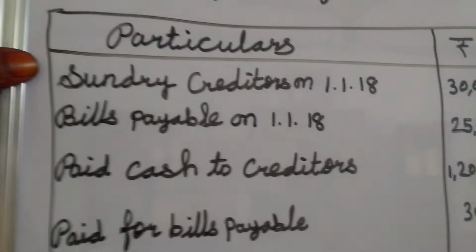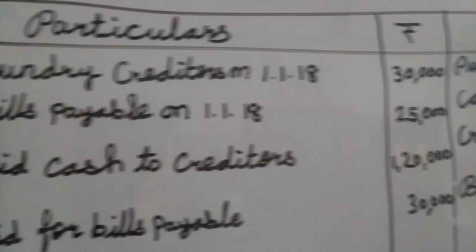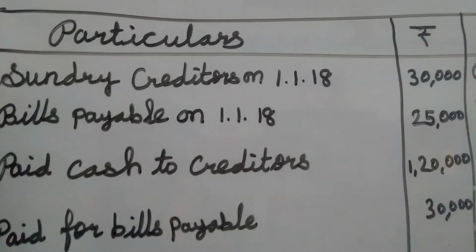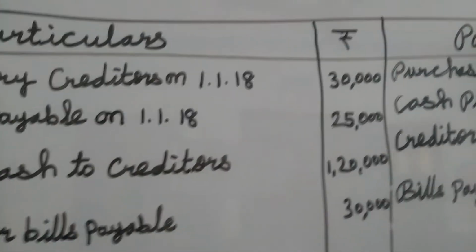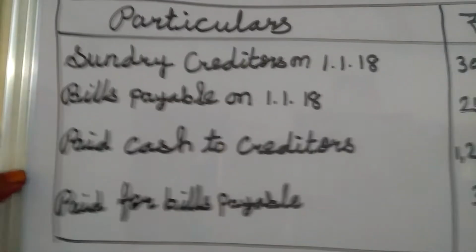Alright. See the sum. Particulars, what are the information given? Sundry creditors, 30,000. Bills payable, opening bills payable is given. How much? 25,000. Paid cash to creditors, 1,20,000. Paid for bills payable, 30,000. Right?